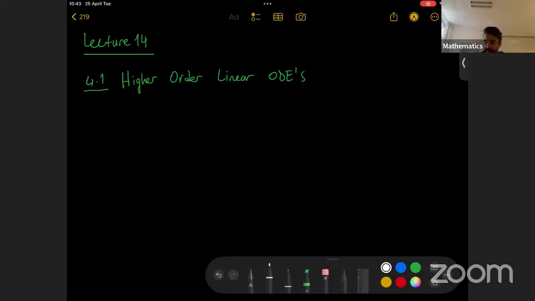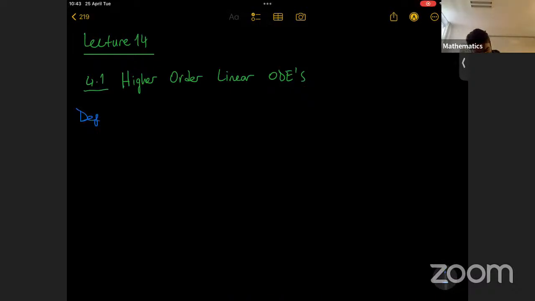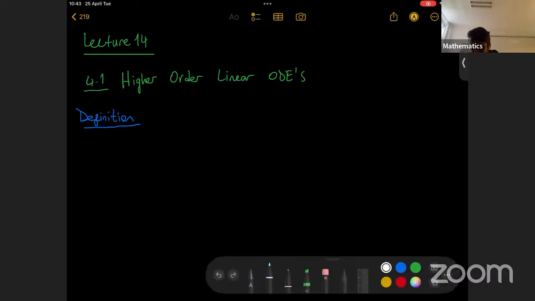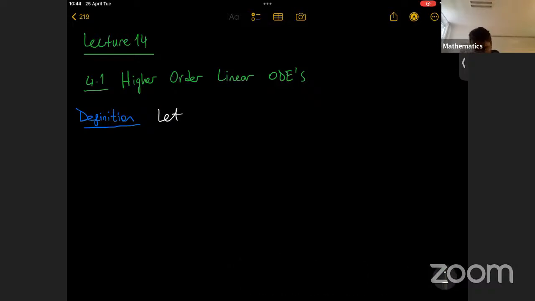Well, what's a higher order linear differential equation? Let's define this first. Definition. Suppose y is a function of t.